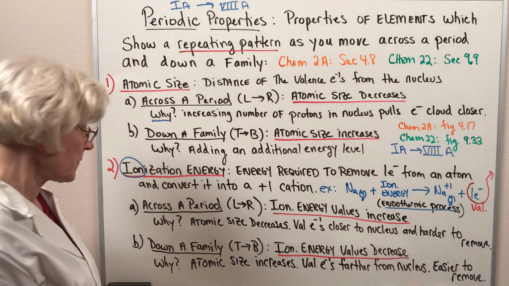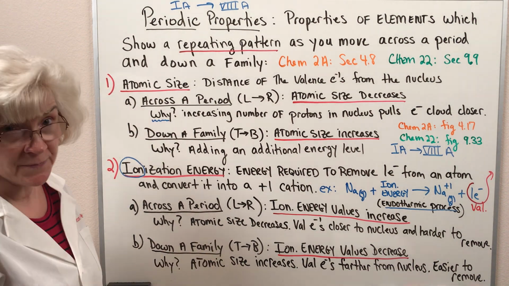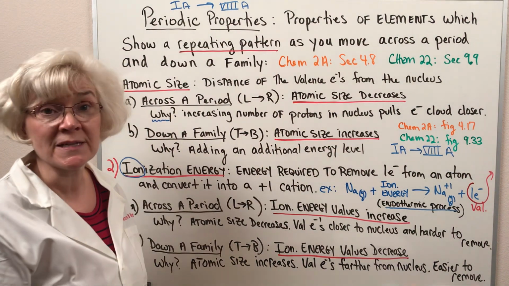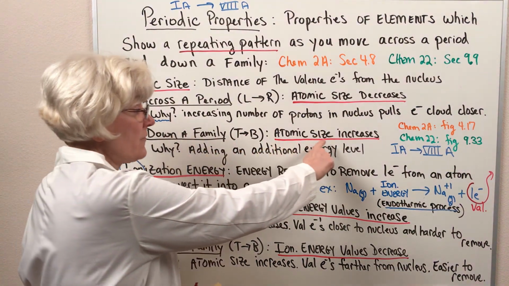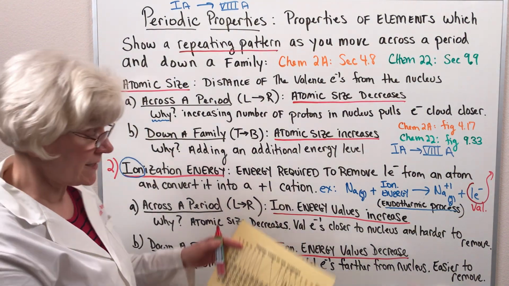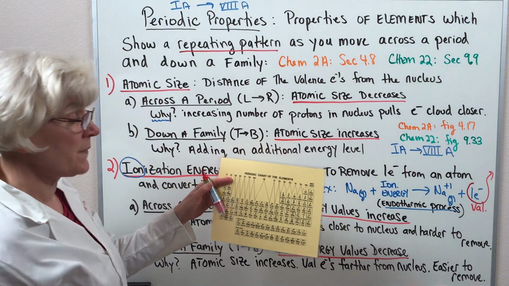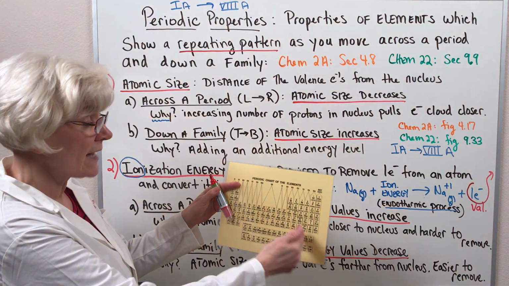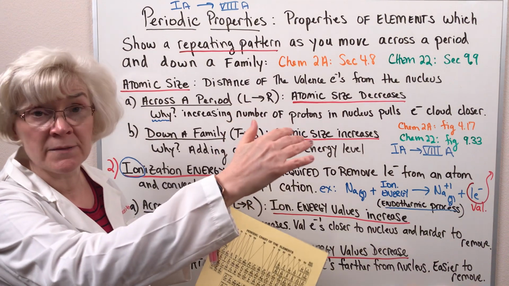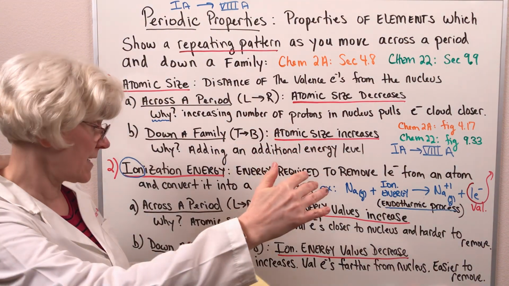What's happening as we go down a family, top to bottom? Well, we said with respect to atomic size, as you go down a family top to bottom, atomic size is increasing. Atoms are getting bigger. Well, if the atoms are getting larger, their valence electrons would then be farther away from the nucleus.